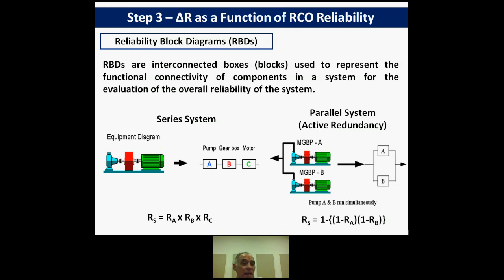Of course, if improved reliability of a risk control option boils down to having some improved risk reduction, which I'm sure it will, we have to think about how much it costs.